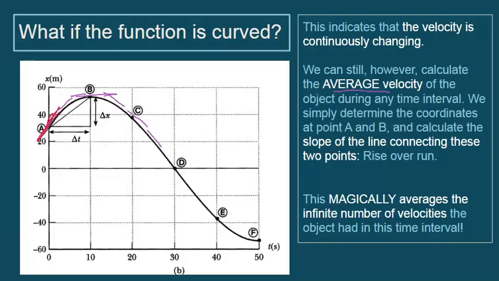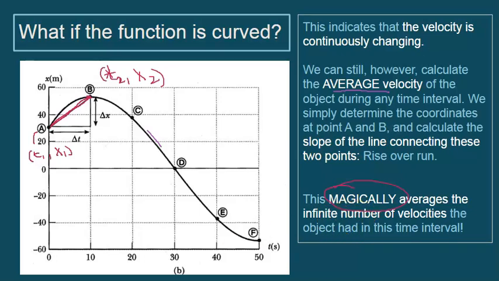So what's cool is that to calculate the average velocity, hopefully this makes sense to y'all, just like we did in the first one, you take t2, x2, that's my second coordinate at point B, and t1, well, 0, and x1 at point A. If you take the slope of the secant line connecting points A and B, geek out with me for a second, that magically averages the infinite number of velocities.